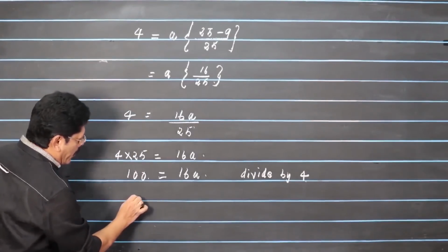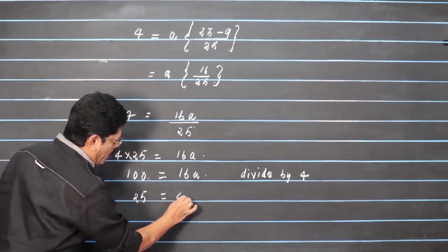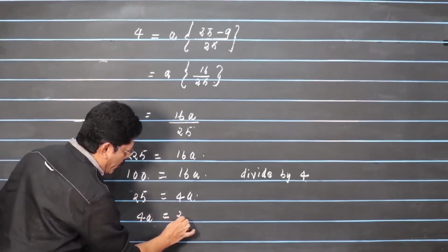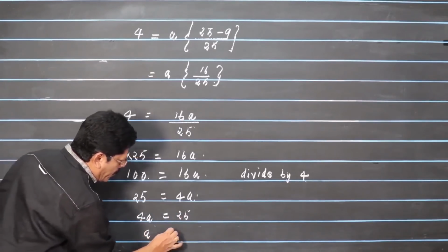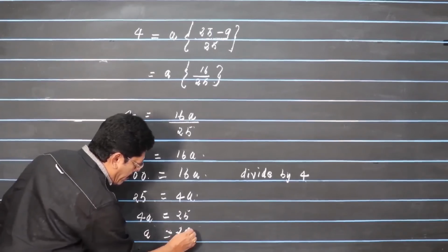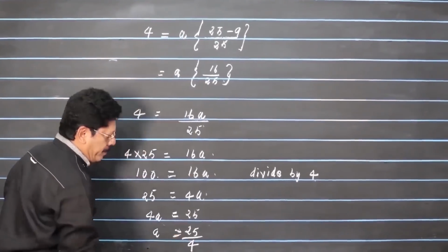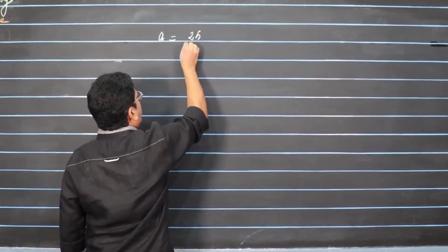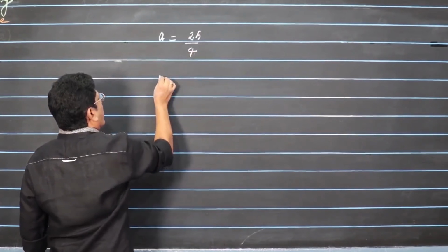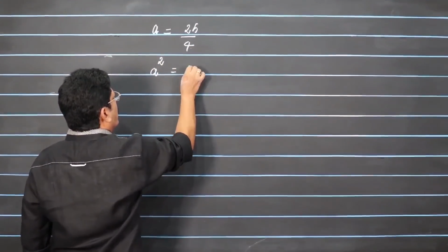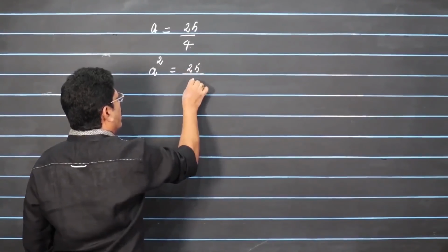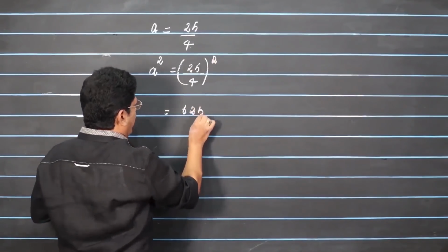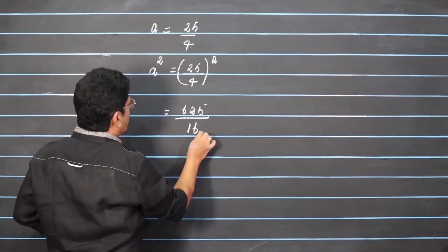This will give you 25 is equal to 4a. 4a is equal to 25. a is equal to 25 by 4. a squared is equal to 25 by 4 the whole square. 25 squared will give you 625, 4 squared will give you 16.